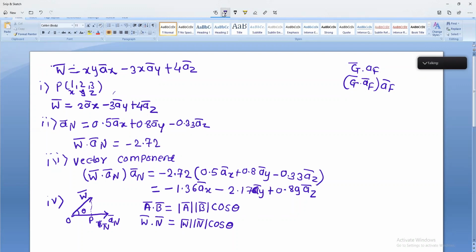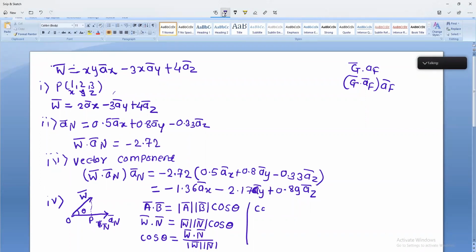Now, what is cos theta? Cos theta is equal to W bar dot N bar divided by mod of W bar into mod of N bar. Okay.